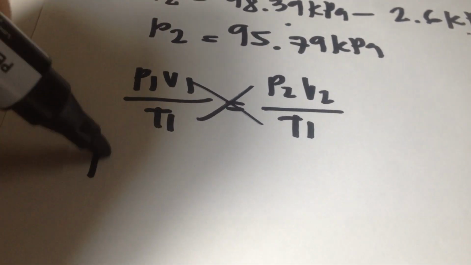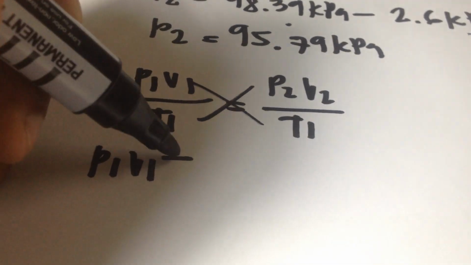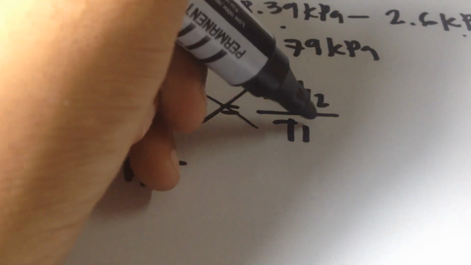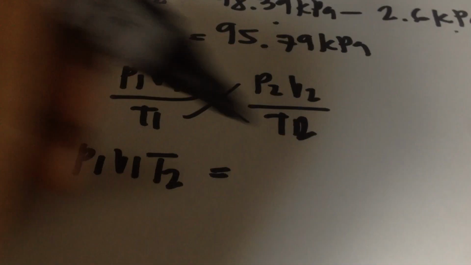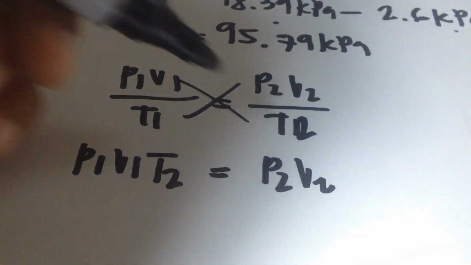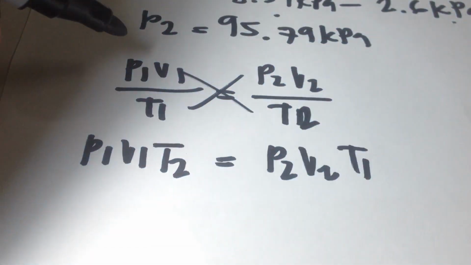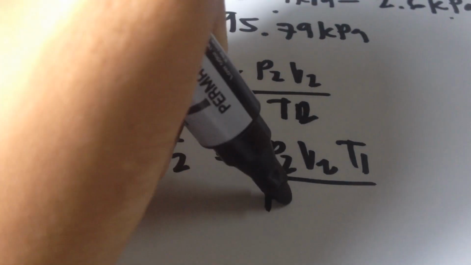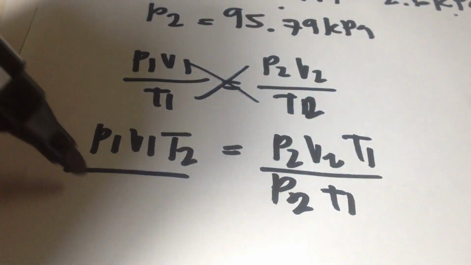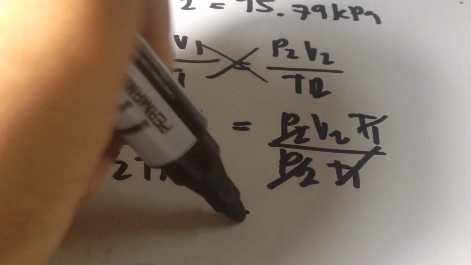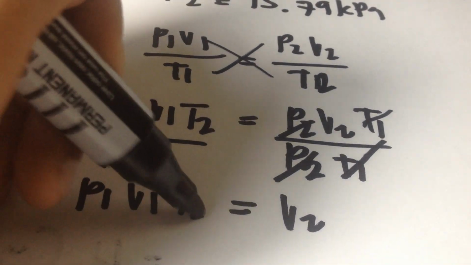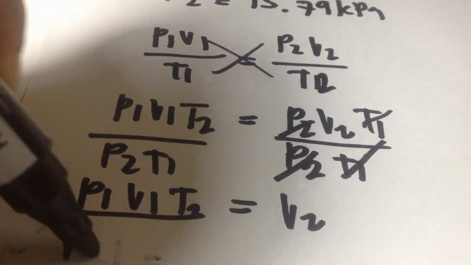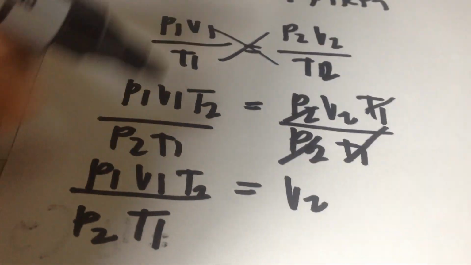P1 times V1 times T2 equals P2 times V2 times T1. Then divide both sides by P2 and T1, which cancel out, so V2 equals P1 times V1 times T2 divided by P2 times T1.